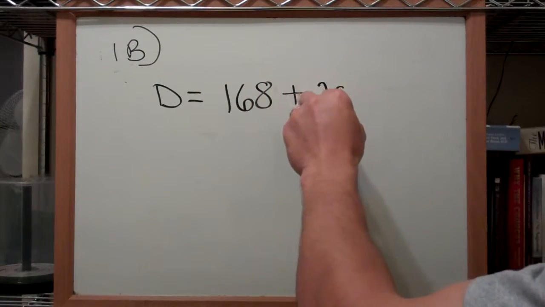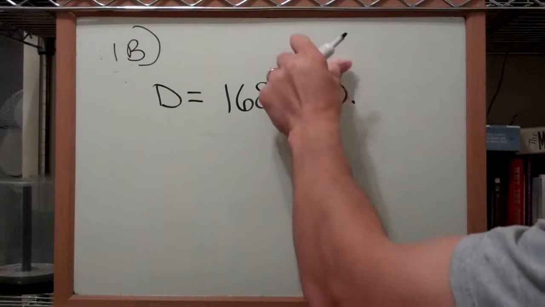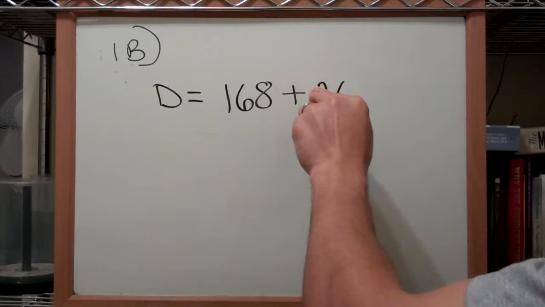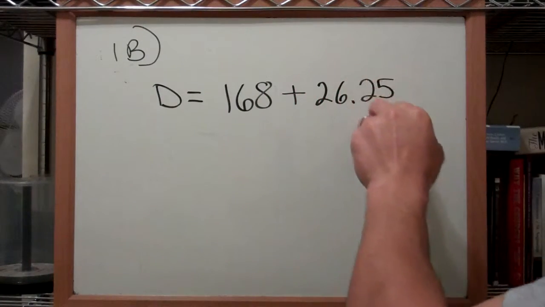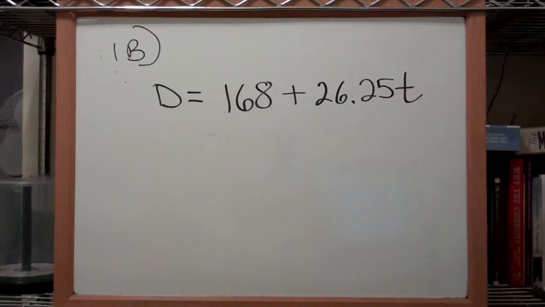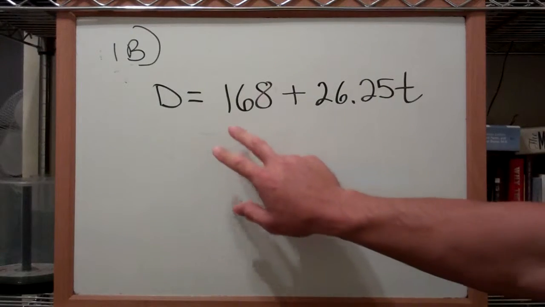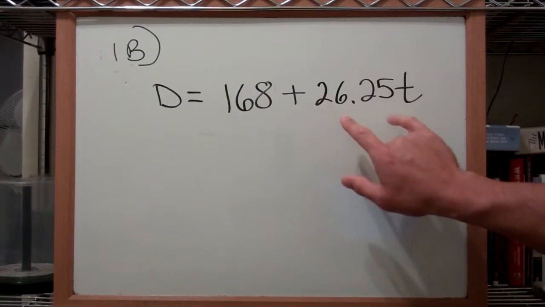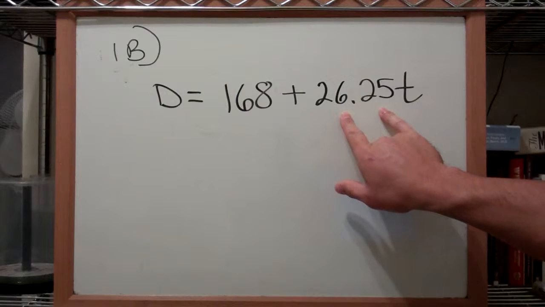Plus, it told us they only pay $26.25 every time they go get a car wash and oil change. So T then represents the number of times that they go get a car wash and oil change. Okay, so here's the cost of the discount card. Here's the new cost of the car wash and oil change.